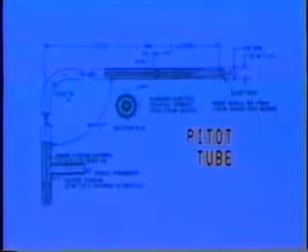Shown here is a detailed drawing of a pitot tube. The pitot tube combines both static and total pressure openings in a single instrument. The pitot tube is inserted in the airstream parallel to the direction of flow and with the opening always pointed into the airflow, or upstream. The opening in the center of the tube is connected to the inner tubing and registers the total pressure on a manometer.